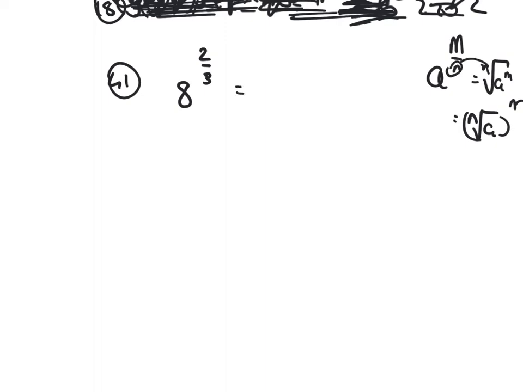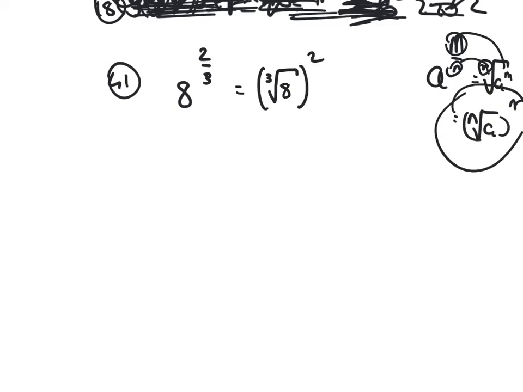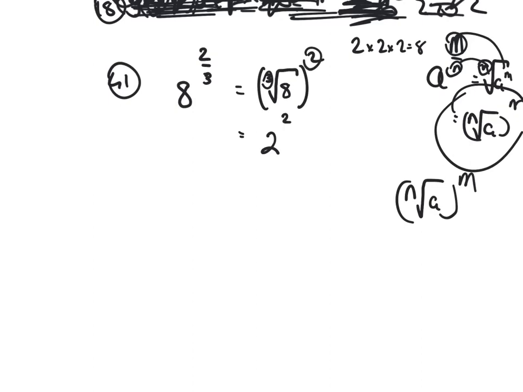Okay, so the denominator goes there, the numerator goes there, so that can now be written as the cube root of 8 all squared. So it's using that form of the rule. Now the cube root of 8, so that's 2, because 2 times 2 times 2 is equal to 8. Cube root of 8 is 2, but then I still need to square that. 2 squared, and that's 4.